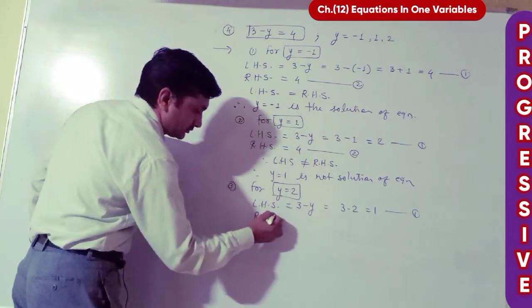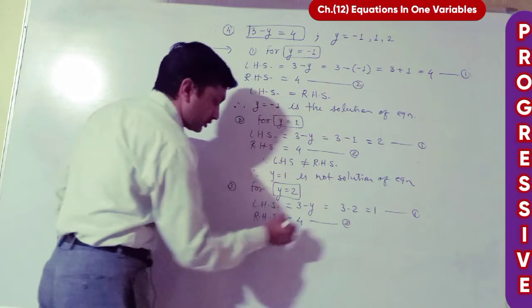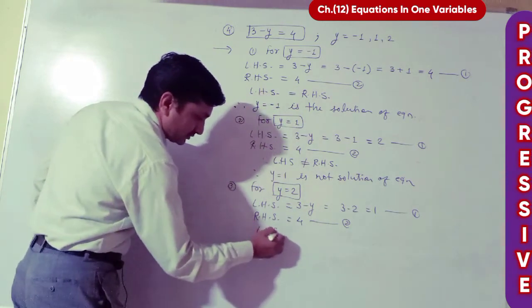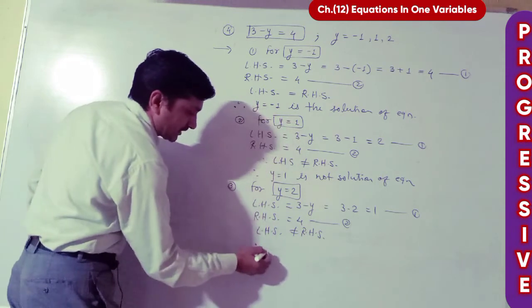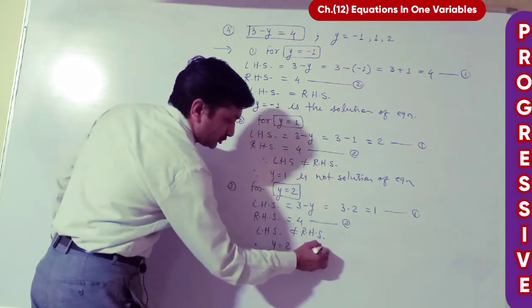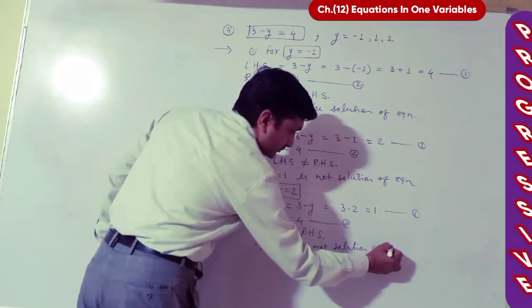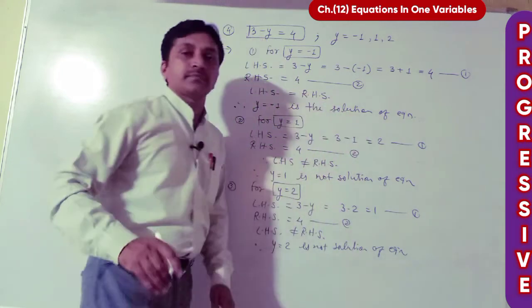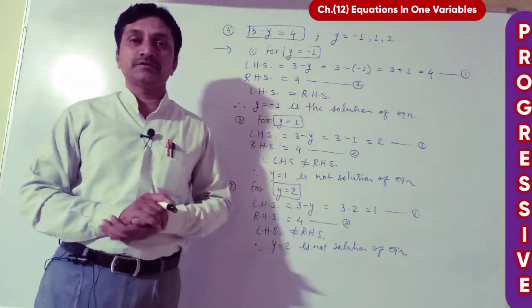RHS is 4, number 2, not equal. LHS is not equal to RHS, and therefore lastly we can say here y is equal to 2 is not a solution of the equation. In this way, the first question of practice set 12.1 is completed.